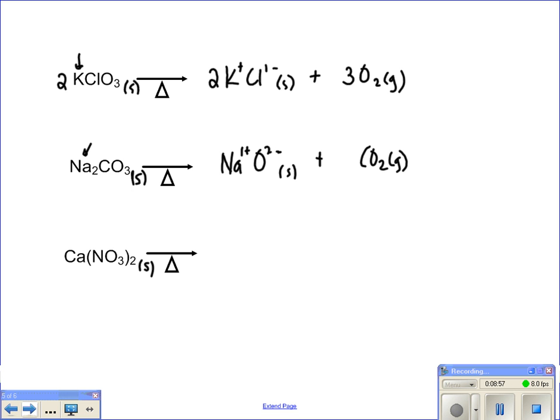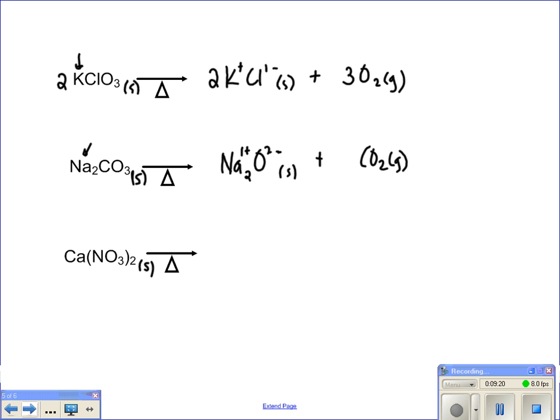Well, sodium has a 1+ that happens to combine with oxygen, which is a 2-, so we are going to require 2 sodiums in that formula also to make it balanced by charge. And lo and behold, if you do this one by inspection quickly, you'll see that it is in fact balanced. There's 2 sodiums, 1 carbon, and 3 oxygens on both sides of the equation.